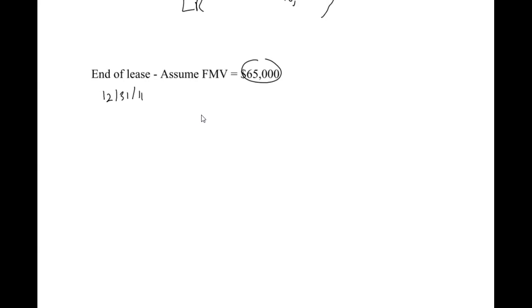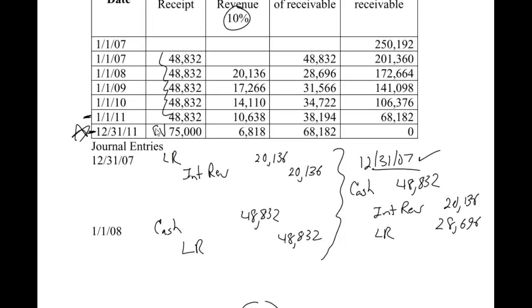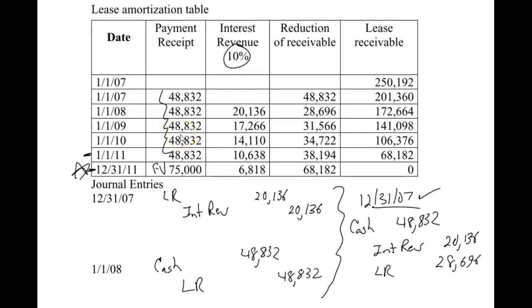Scrolling back up, we still have to recognize 6,818 of interest revenue, so that's a credit. We also have to credit lease receivable for 68,182. Those are 2 credits, which means we're going to need 2 debits totaling 75,000.